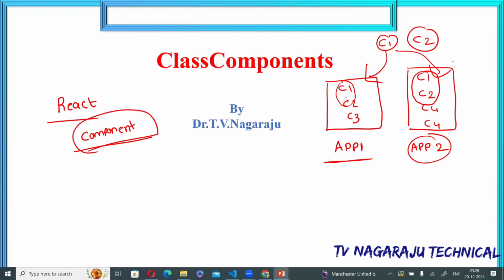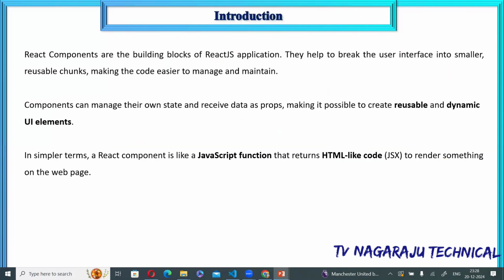So by using React, we can create reusable user interface components. In simple terms, a React component is a function. That means it is used to perform some task. Once the function is executed, it returns JSX. You already know React uses JSX for rendering into the web page.